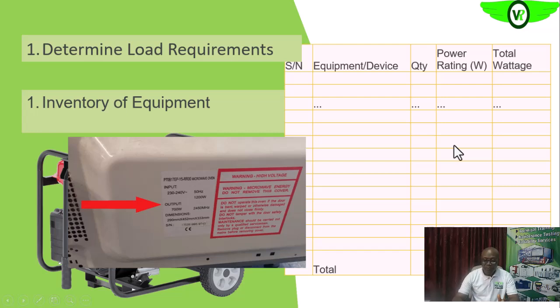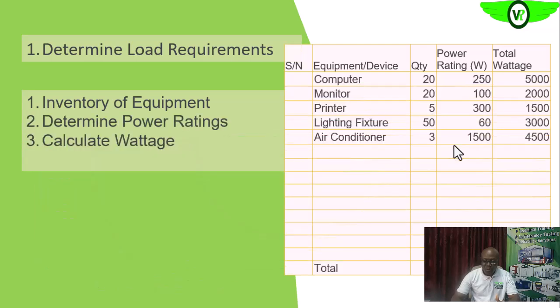So what you have just done, or what you are doing now, is taking inventory, or making an inventory, of all the loads that you want to power and the power rating of all such loads. This is an example of what we have been discussing. Just assume that these are the loads that you want to power with the generator.